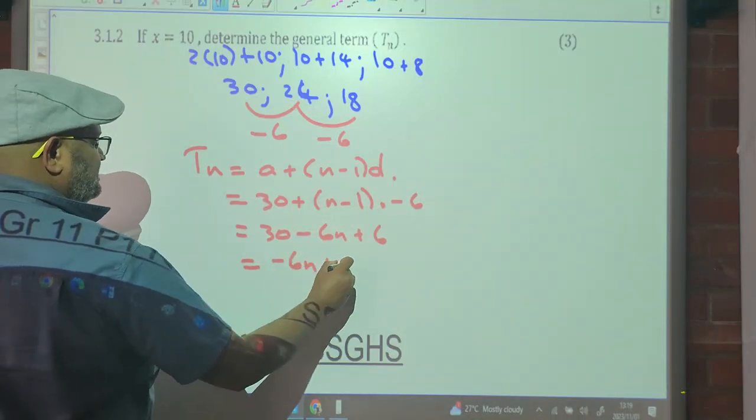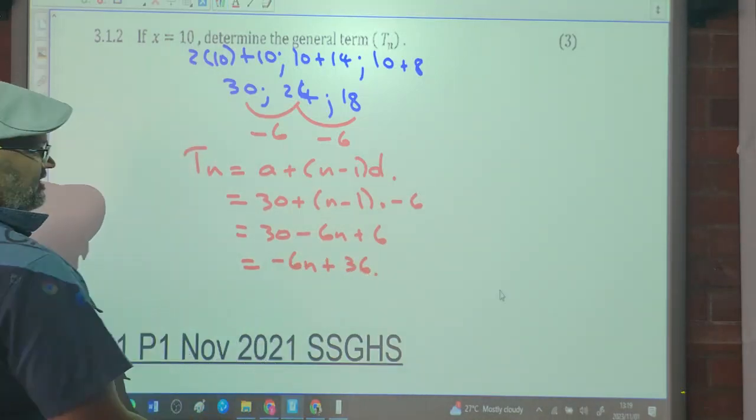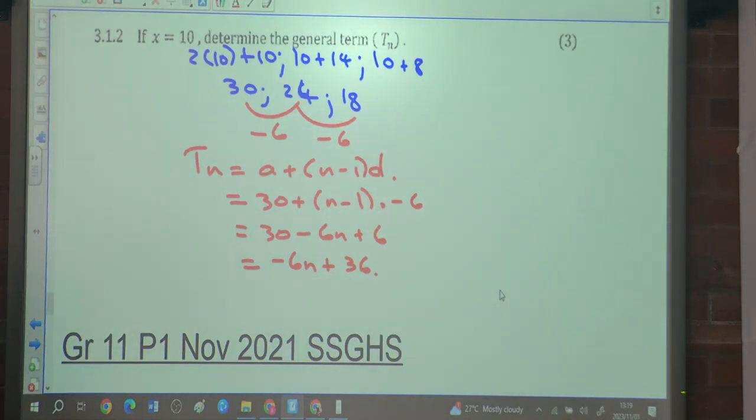So minus 6n plus 36. You can test this. If n is 2, it's negative 12, 36 minus 12 is 24, which is correct. Or you can test it with 1.